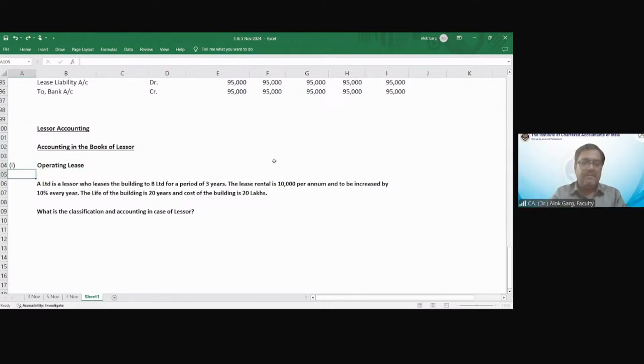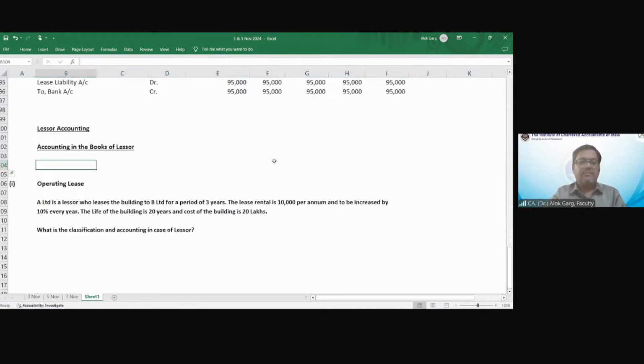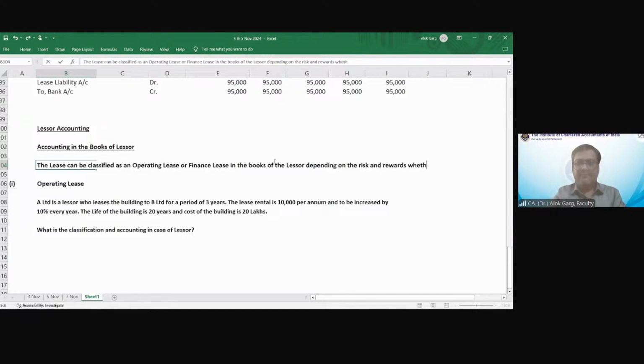The lease can be classified as an operating lease or finance lease in the books of the lessor, depending on whether the risk and rewards are transferred or not.